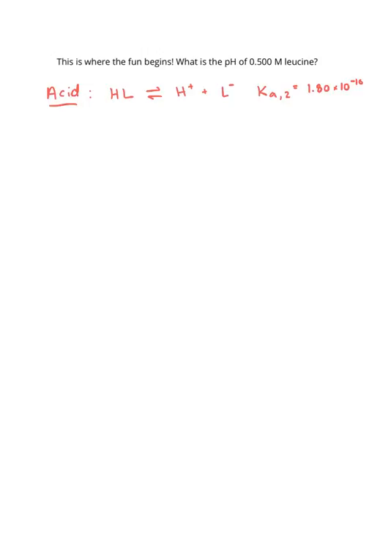As a base, leucine can accept a proton from water. When leucine acts like a base, it reacts with water to form the fully protonated version of leucine and generate hydroxide ions. We described this reaction by Kb2, and it had a numerical value of 2.13 times 10 to the minus 12.